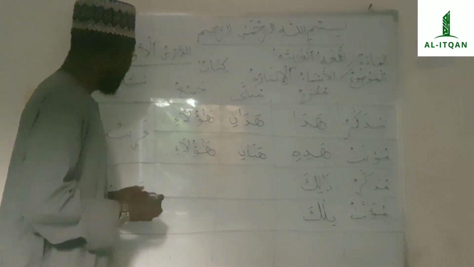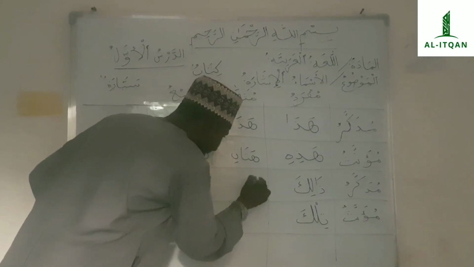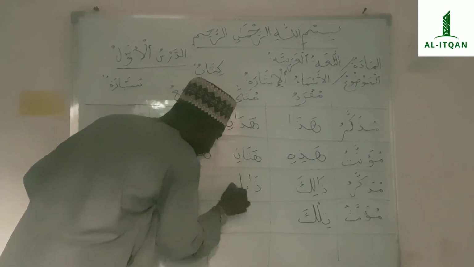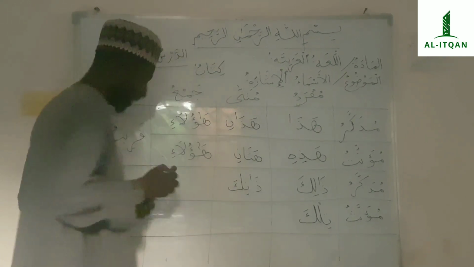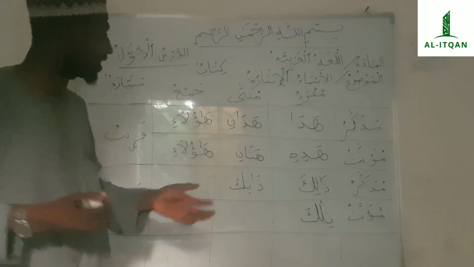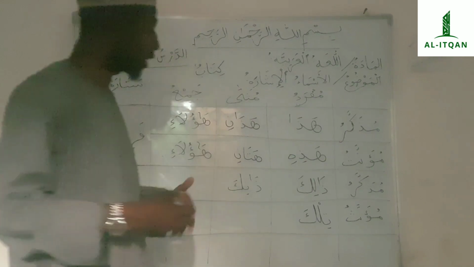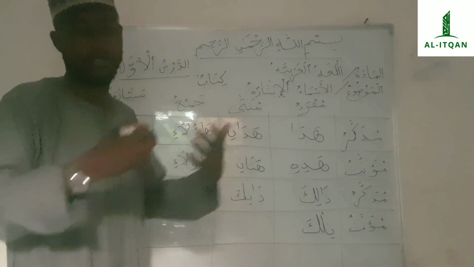Then when it comes to dual, here you say dhanika. As you are changing your demonstrative pronoun from singular to dual, don't forget you will be changing your noun too, from singular to dual, and from dual to plural.